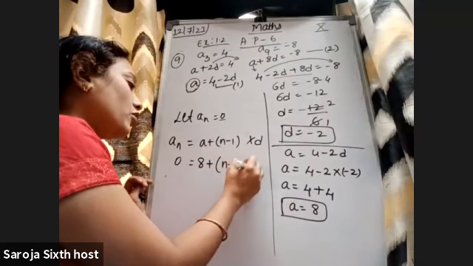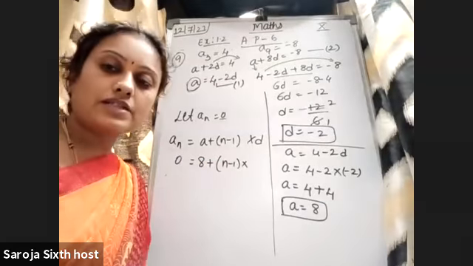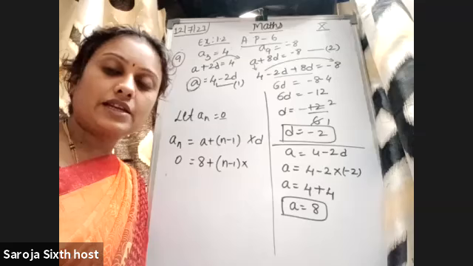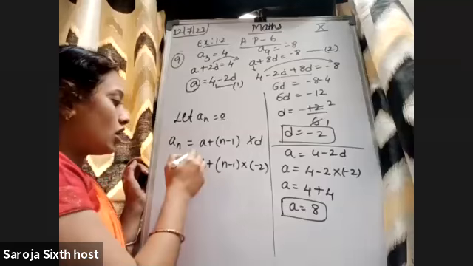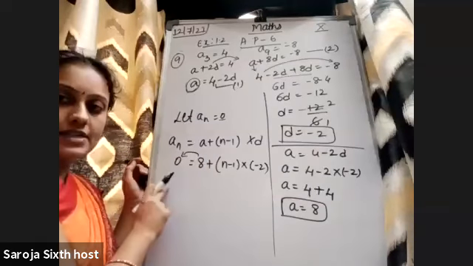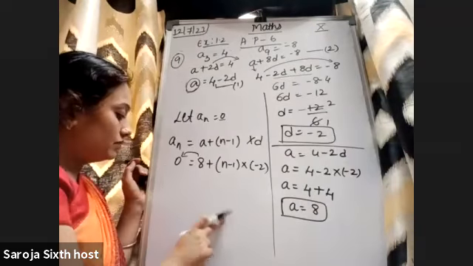N we don't know. So what is the D value? Tarun Sridhar. Tejaswini. Vaishnavi. Minus 2, ma'am. Yes, Vaishnavi. Minus 4. So now I will shift this 8 to this side. Yashwant, what will happen?